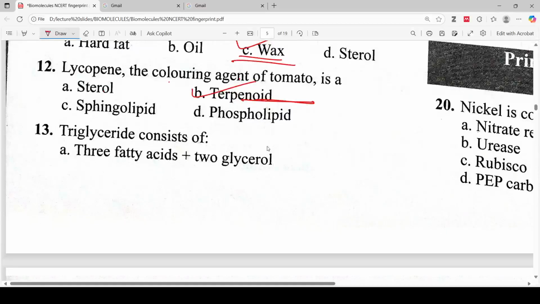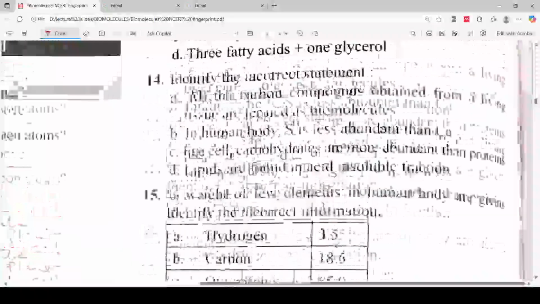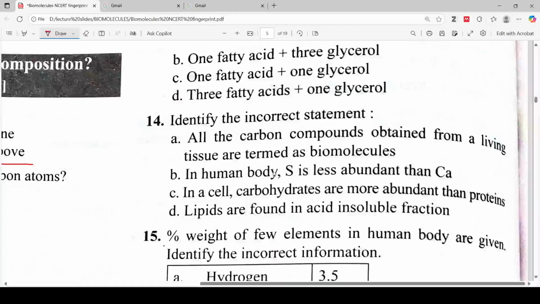Next question, triglyceride consists of 3 fatty acid, 2 glycerol, option B 1 fatty acid plus 3 glycerol, 1 fatty acid plus 1 glycerol, 3 fatty acid, 1 glycerol will be the correct answer for this question.